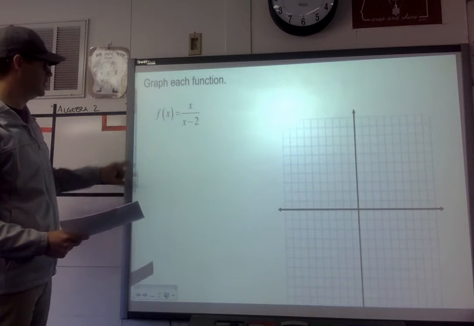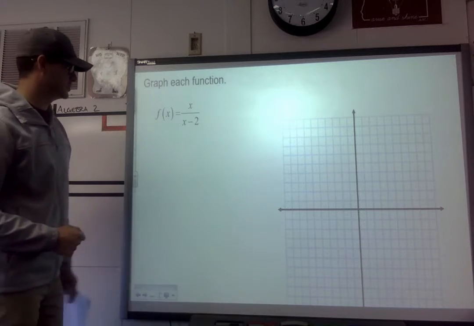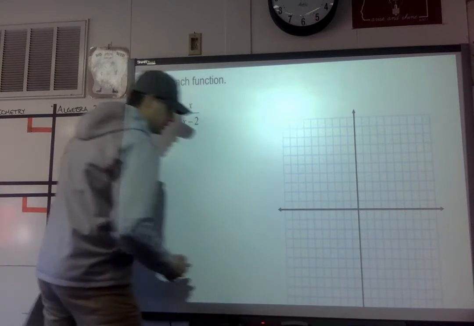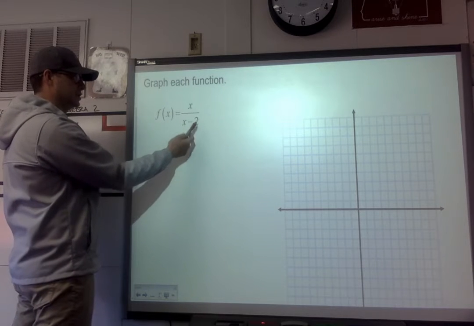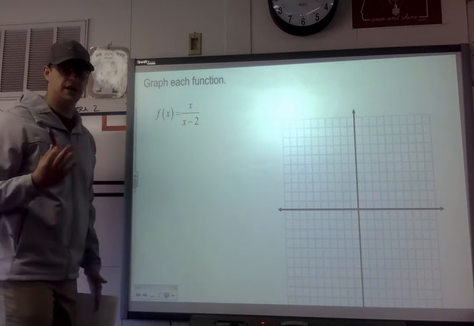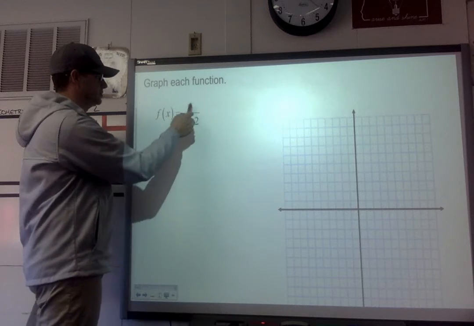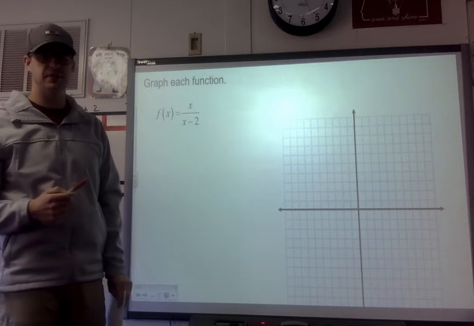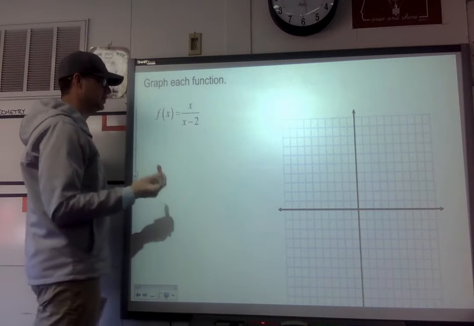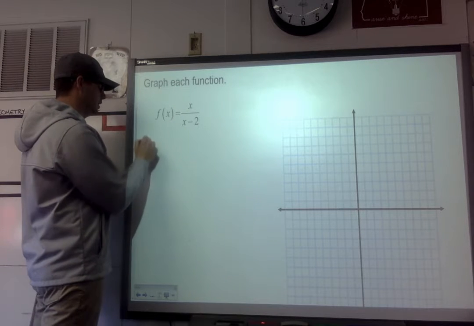So here, f of x equals x over x minus 2. So we want to figure out, first of all, can this be factored? No, numerator and denominator are both factored as much as possible. There's nothing that can be canceled. So this is in its simplest form. Since nothing is canceled, that means there will not be a hole.